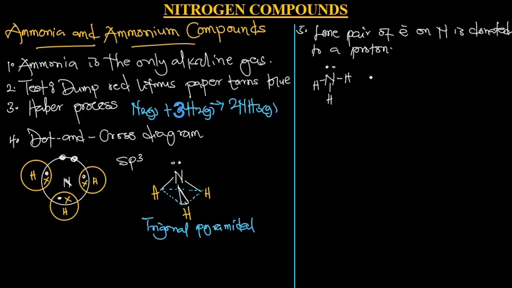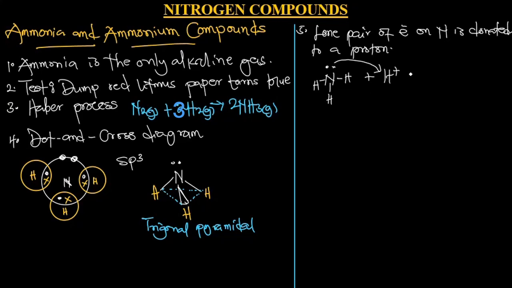If we add an acid, the acid is going to release H plus. In this process, this lone pair is donated to the proton, which is H plus, and that validates Lewis' definition of an acid as electron pair acceptor, or that validates Bronsted-Lowry's definition of a base as a proton acceptor.